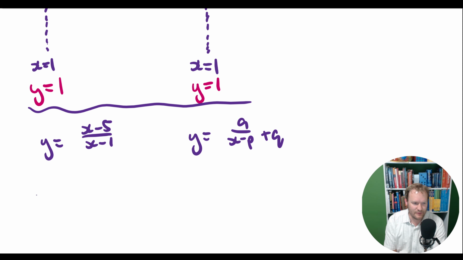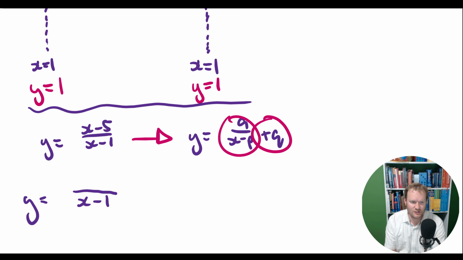So let's do some algebraic manipulation. If we want to change from the one form to the other, it means we need to split one term into two terms, which means we must have an x minus 1 somewhere that we can cancel to create the second term. So let's write this as x minus 1 because that's the form we want.